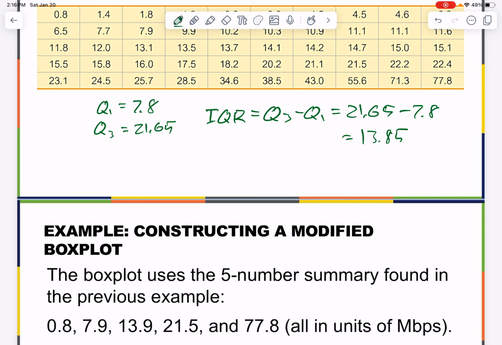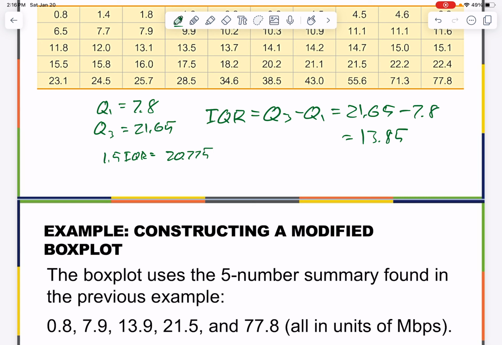Now I'm going to multiply that by 1.5. So 1.5 IQR equals 1.5 times 13.85, which is 20.775. Great.